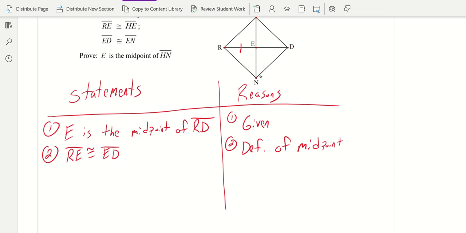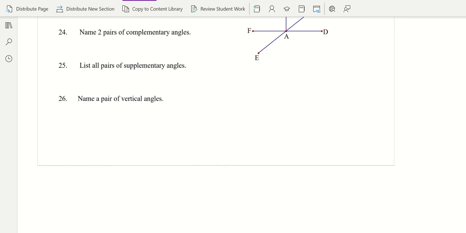Okay, so let's show that. RE is congruent to ED. Number 3, RE is congruent to HE. That is going to be given to us. Oh, excuse me.